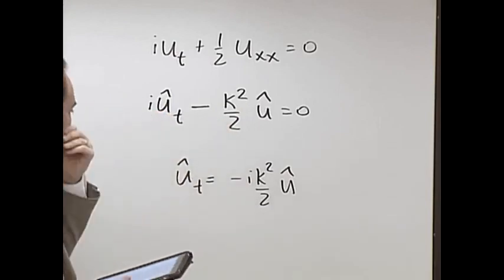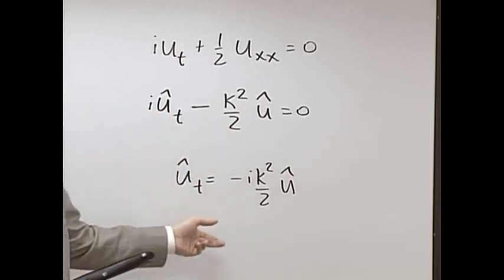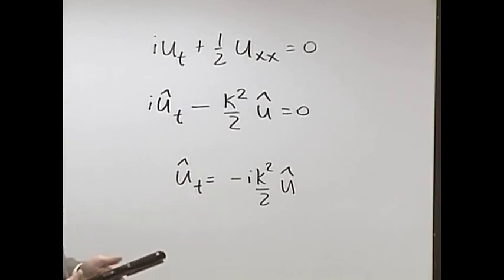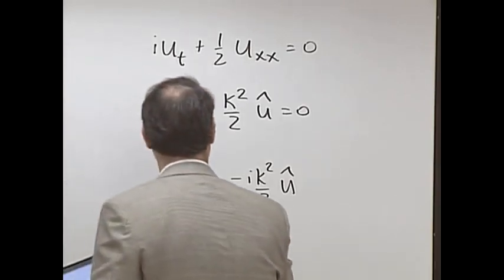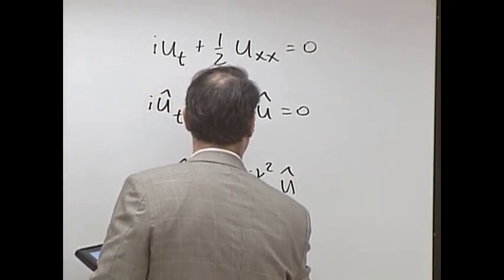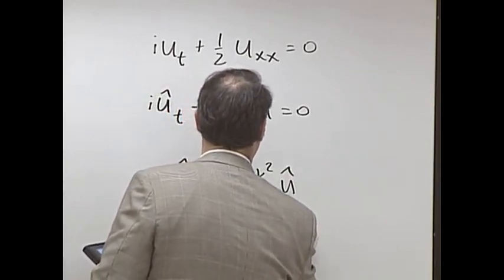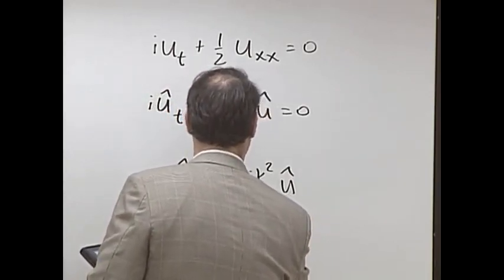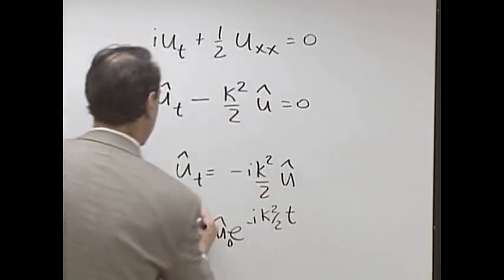And this is just a simple first order differential equation. The solution is u hat equal to e to the minus i k squared over 2 t times whatever the initial condition is.